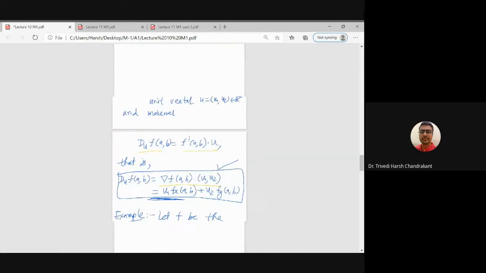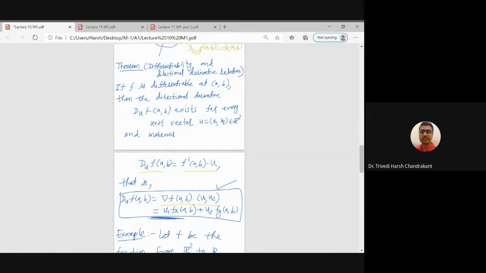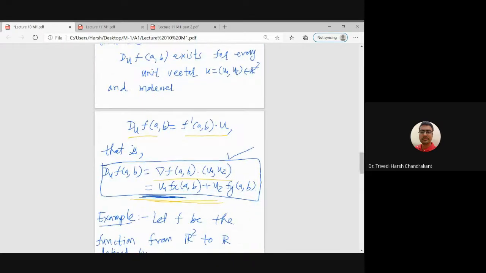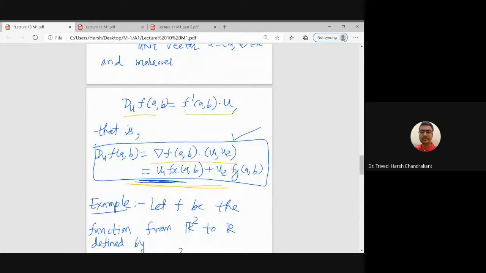As we have discussed just now, if f is differentiable at the point (a,b), the necessary condition is that this equation is satisfied. So what is this equation? It is in terms of the directional derivative D_u f at (a,b), which equals the gradient of f at that point times the unit vector.